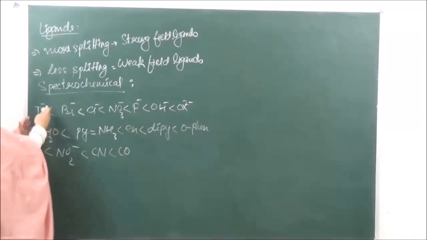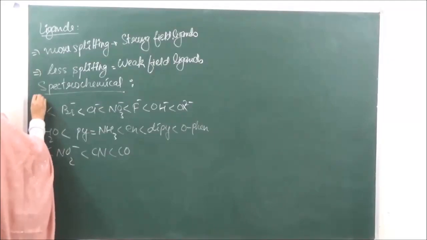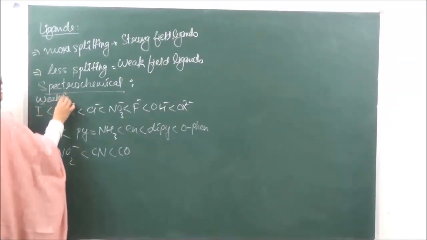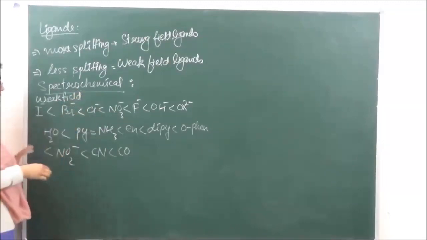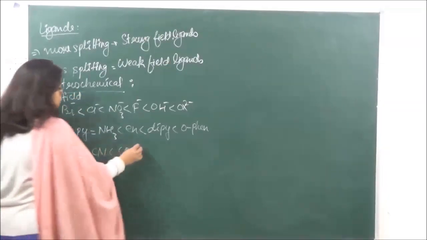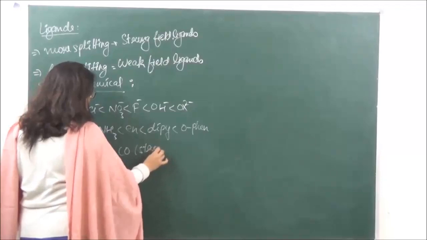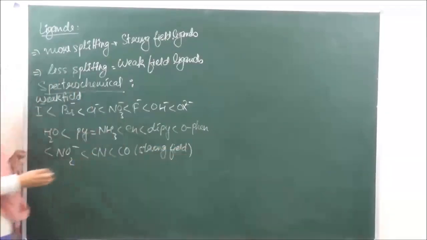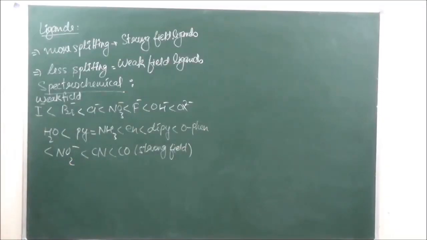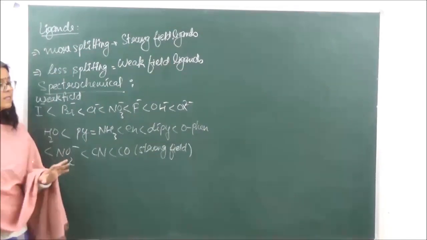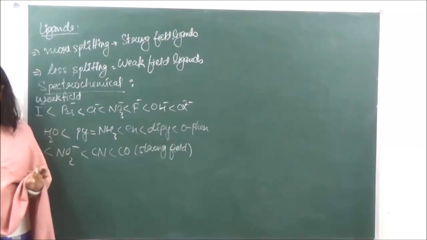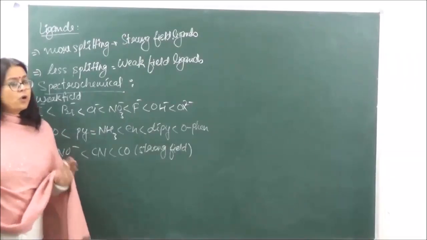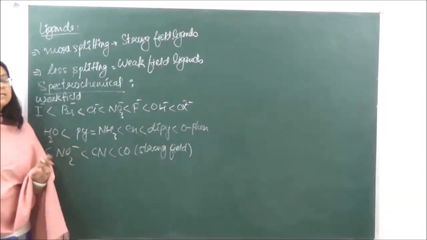So all these below are going to be weak field ligands, and all these are going to be strong field ligands. Okay? Is it clear? So strong field ligands cause greater crystal field splitting, and weak field ligands cause less crystal field splitting.